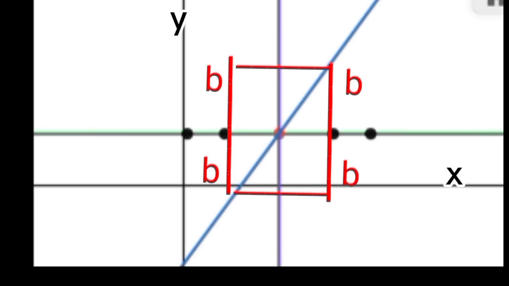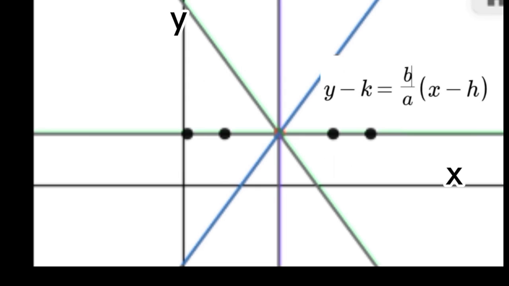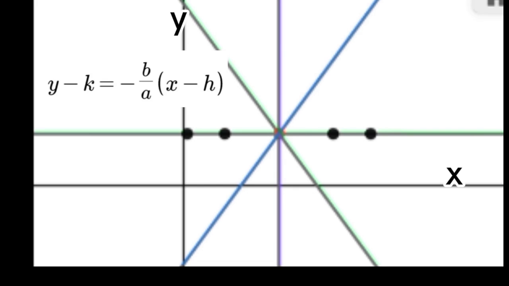With distance b from the vertices are the two asymptotes passing. The first asymptote has the equation y minus k equals b over a times quantity x minus h, and the second asymptote has the equation y minus k equals negative b over a times quantity x minus h.